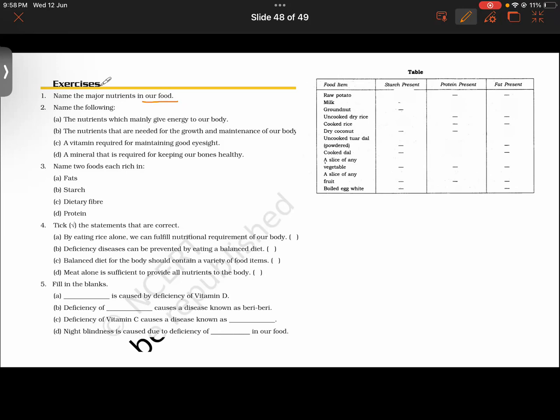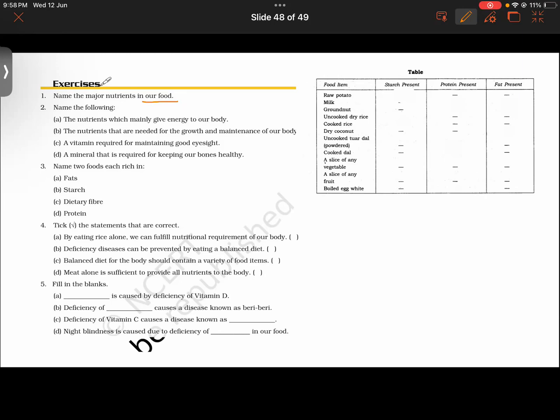You will be writing only minerals, vitamins, proteins, carbohydrates, fats. But if the question is what are the components found in the food, then you would be adding these two, water and dietary fibers.